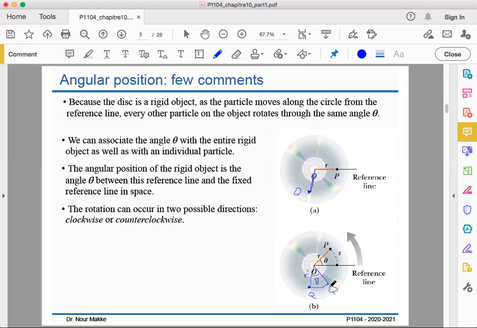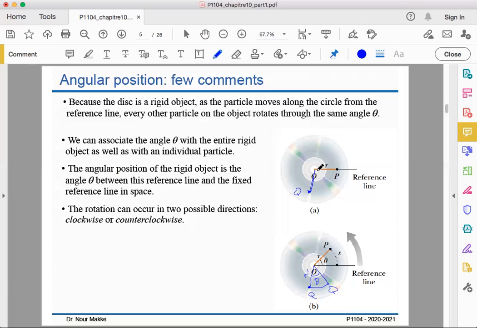So this is why we can associate the angle theta with the entire rigid object, as well as with the individual particles. So we can say that each particle is moving through the angle theta, but we could also say that the whole rigid body is rotating through the angle theta. The angular position of the rigid body is then only given by the angle between this reference line and the fixed reference line in space.